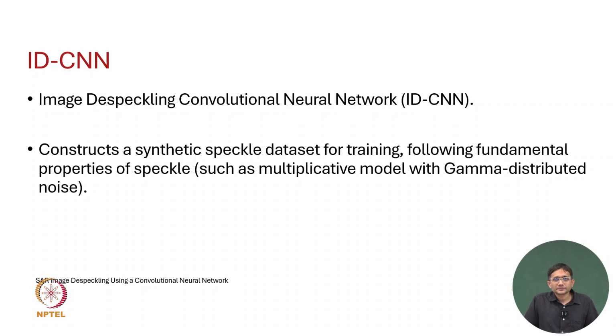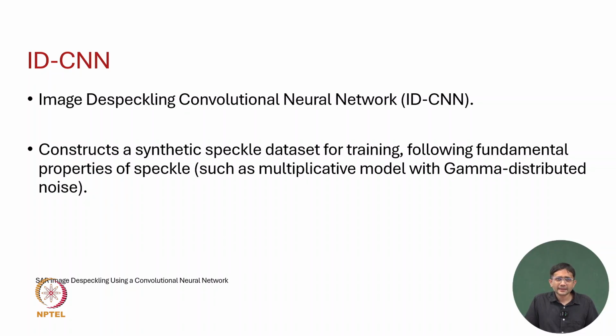And this follows the same paradigm of the synthetic speckle dataset that we just discussed in the last couple of slides. That is, it constructs a synthetic speckle dataset for training.